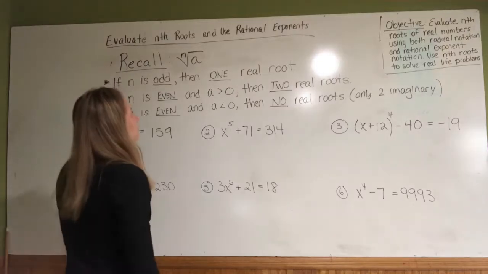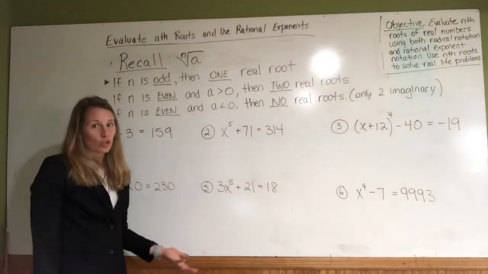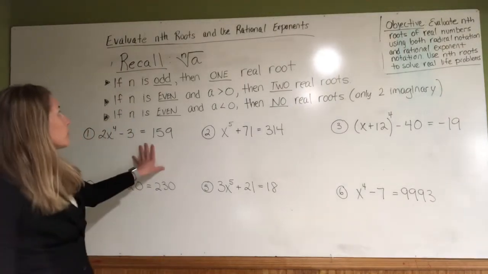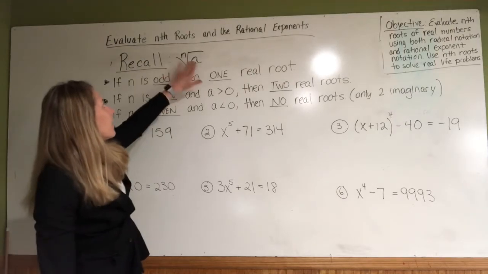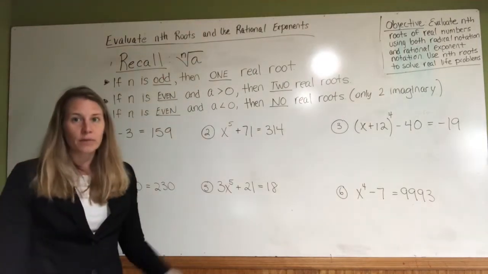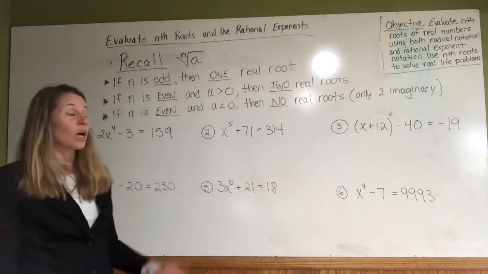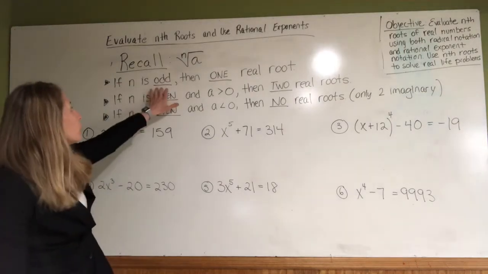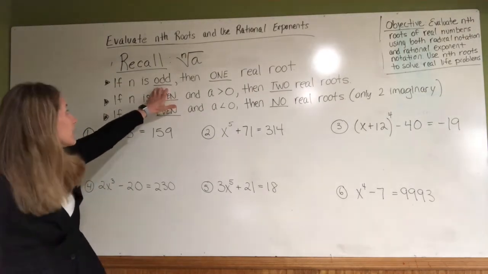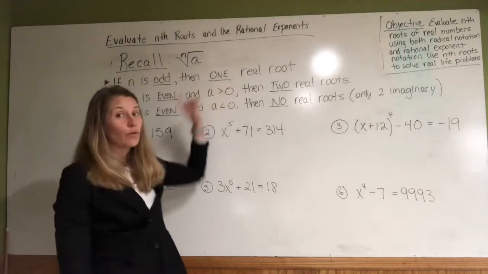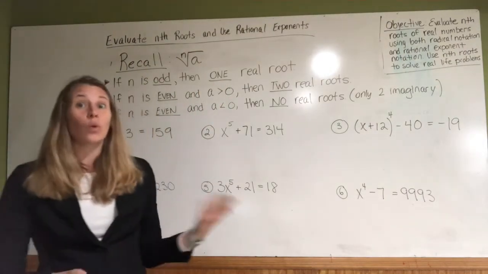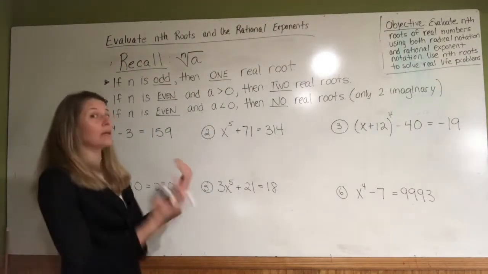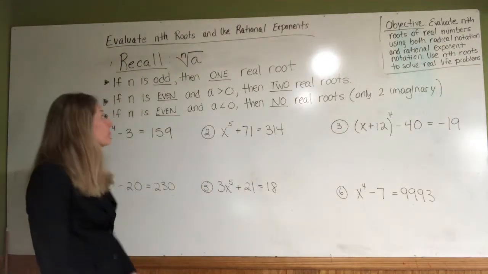Okay, so let's use this now to solve some equations. Just as a recall, if we're taking the nth root of a, we have 3 different types of solution scenarios. If that root is odd, so if my n is odd, then there is one real root. It could be positive or negative depending on what kind of number you have inside that radical.